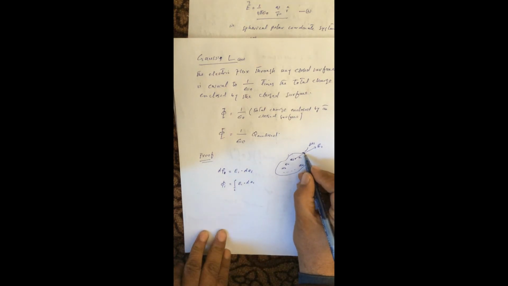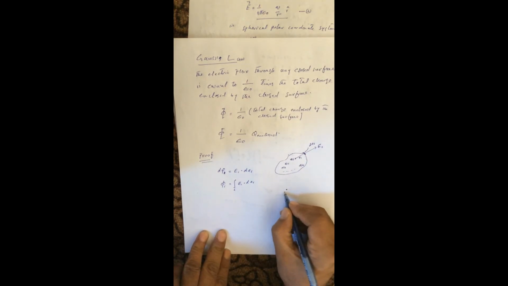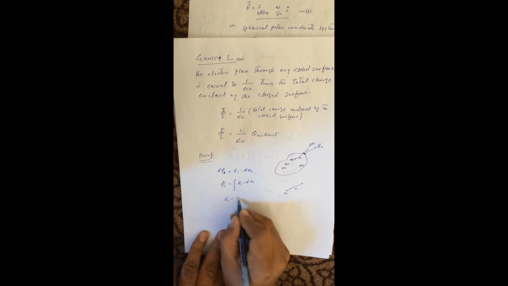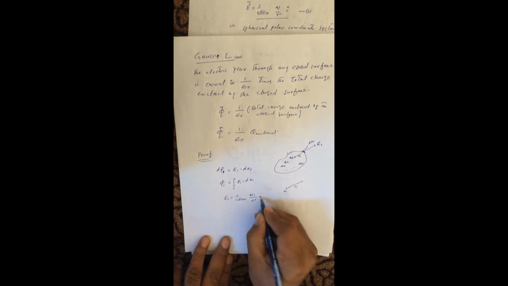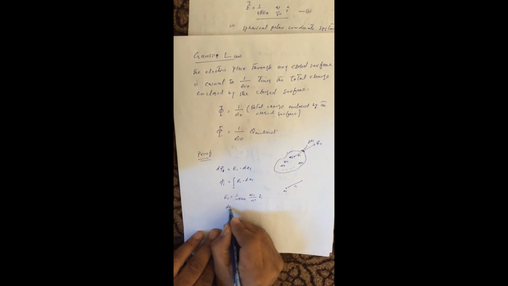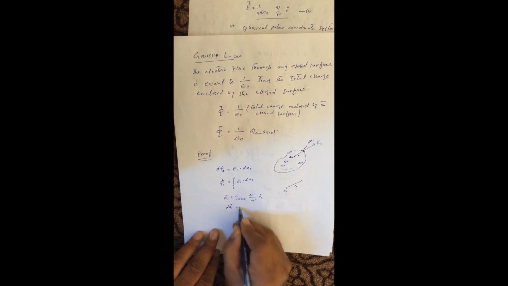Now this is radius R1, at this point this is Q1, and the electric field at a distance R1 is E1, which is equal to 1 over 4 pi epsilon naught Q1 over R1 square into R1 unit vector. Similarly, the area element dA1 in the spherical polar coordinate system is given by R1 square sine theta d phi into R1 unit vector.